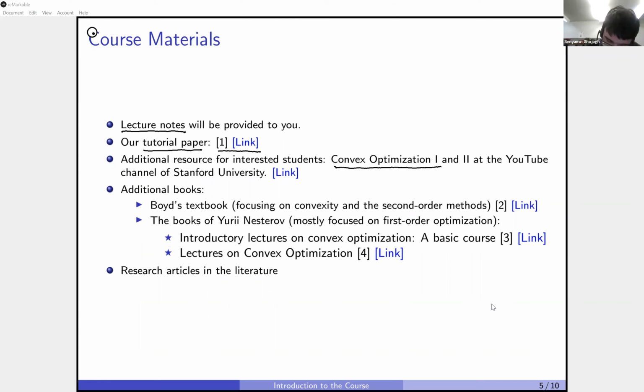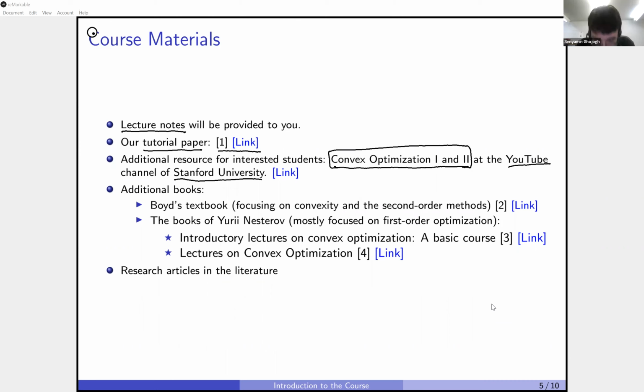Convex Optimization 1 and 2: if you search for that on the internet and YouTube, you will see it's on the channel of Stanford University. Many universities have their own channels on YouTube, and as I said previously, Professor Stephen Boyd at Stanford teaches convex optimization.